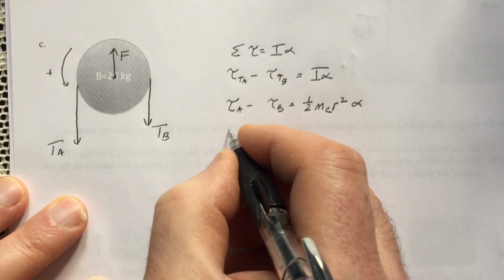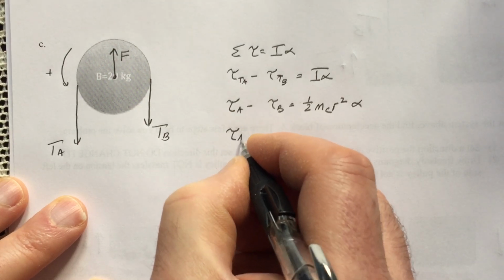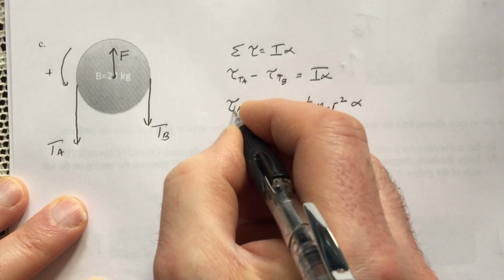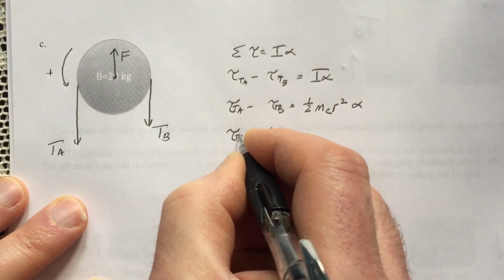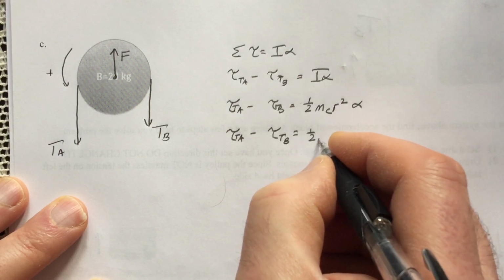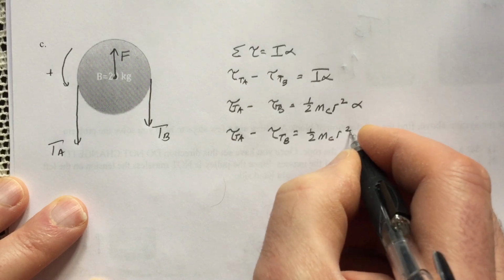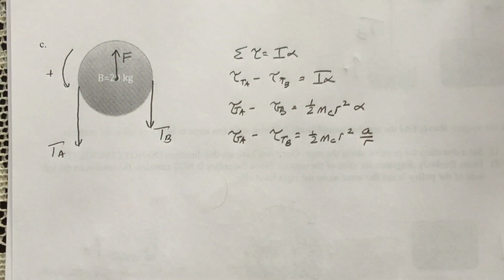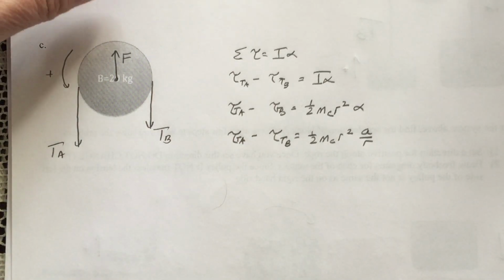Now, as we've been doing all along, torque from A minus the torque from B, or that should be tension of A, tension of B, is equal to 1/2 M_C R squared, and they're going to put in A over R for alpha. Now, torque is R times the force.